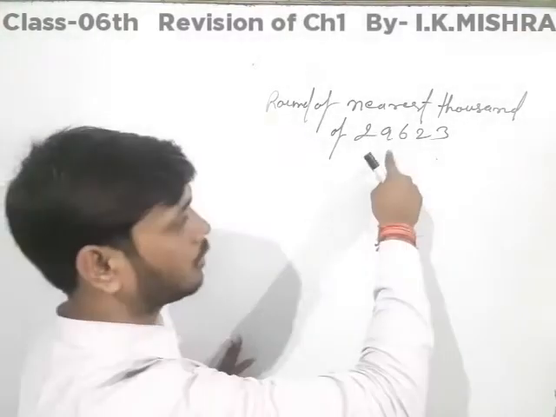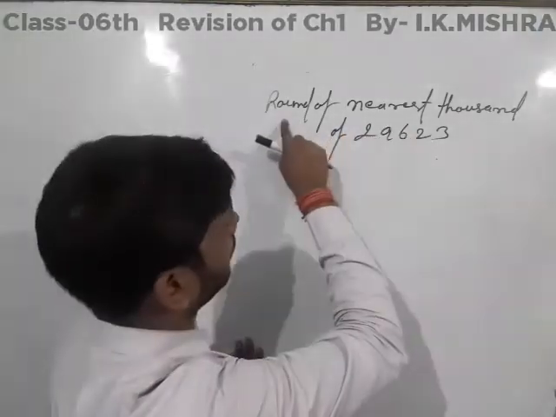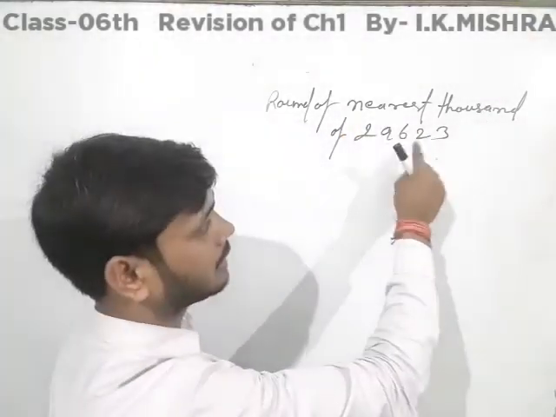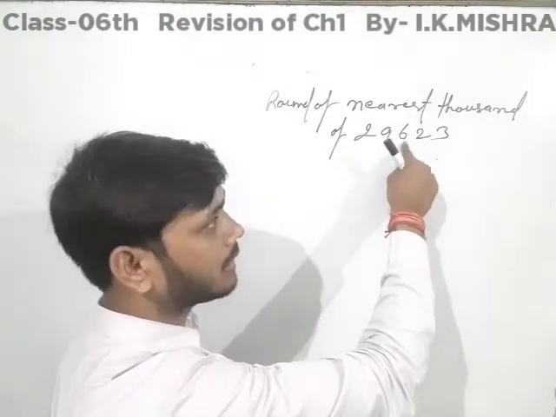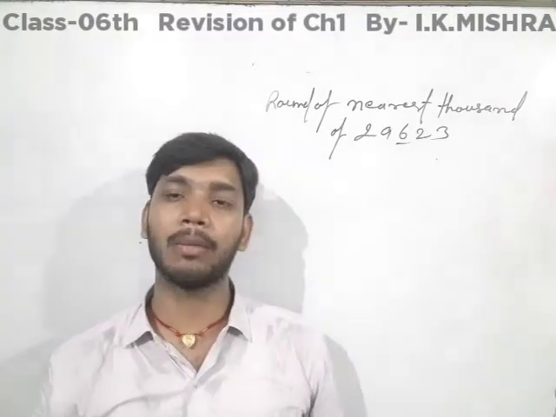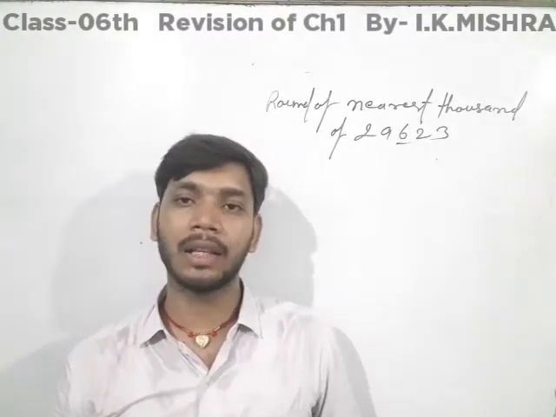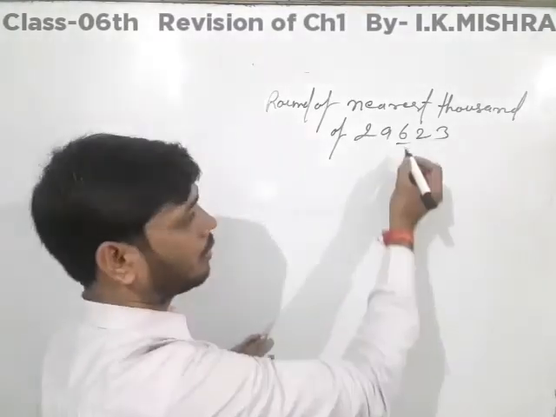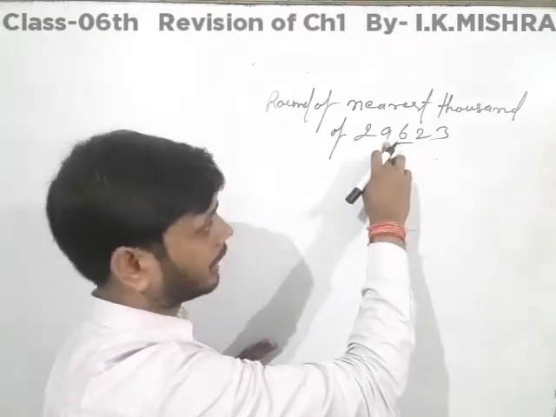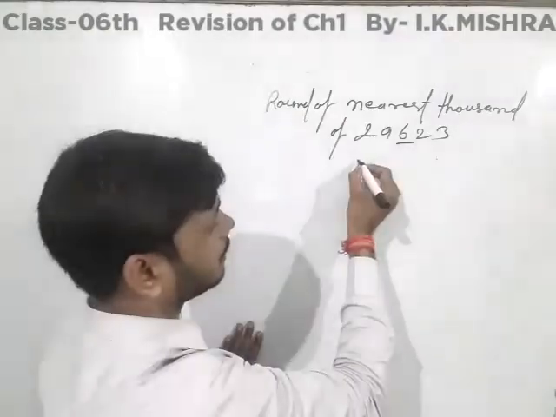Suppose here we have to find the rounding to the nearest 1000. Here the 1000 place is 9 and the 100 place is 6. The 100 place is 6, that means it is larger than 5. So you have to add 1 to it.